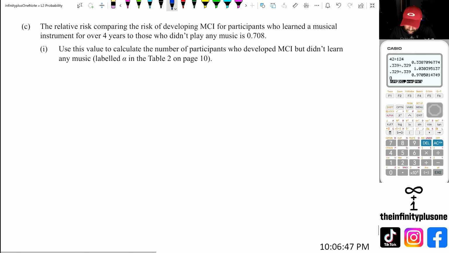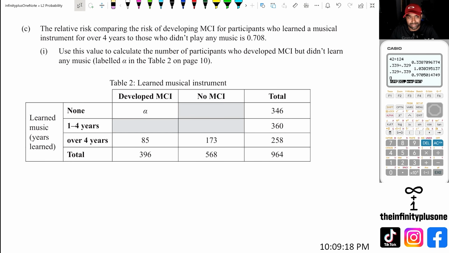Okay, C1. Right, I needed to actually bring the table back for this question here. So what we've got is relative risk, comparing the risk of those who learned a musical instrument over 4 years to those who didn't play any music, is 0.708.